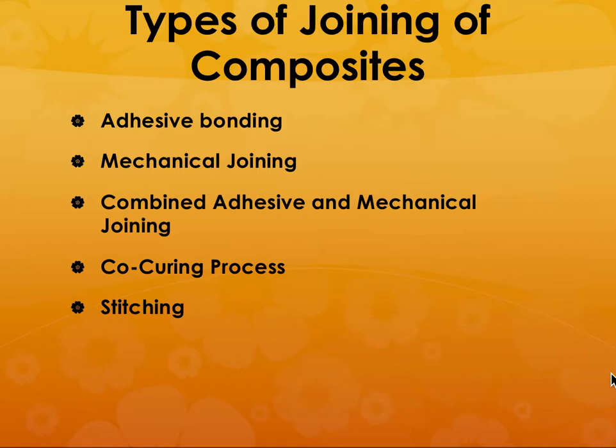You do have some places where you might do mechanical joining, or you can have a combined adhesive and mechanical joining, or sometimes you might also do co-curing. So you put the film and you co-cure the composite material so that the whole thing gets infused with the adhesive bond as well as the resin matrix itself.